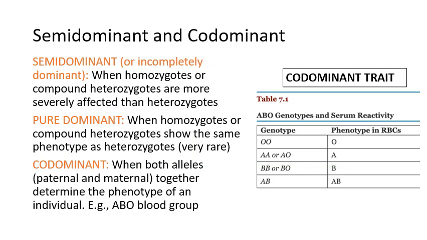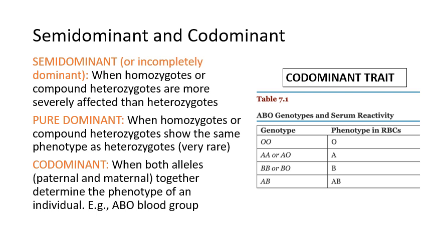Now, there are also a few special conditions in dominant inheritance called semi-dominant and co-dominant. Semi-dominant, or incompletely dominant, is when homozygotes, so identical in both copies, or compound heterozygotes, where both maternal and paternal copies are affected but have different variants, are more severely affected than the ones who carry just 1 copy.